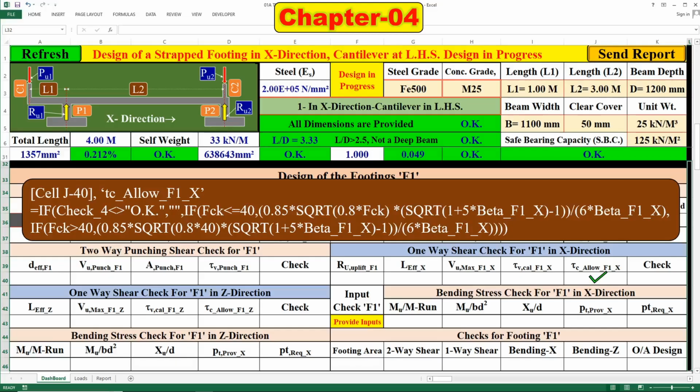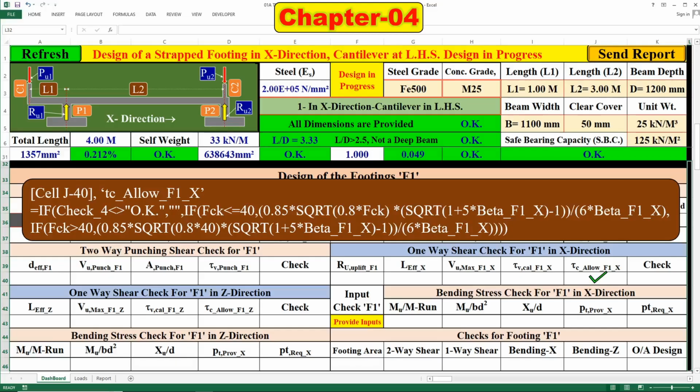If FCK is less than or equal to 40, the value will be 0.85 times the square root of 0.8 times FCK, multiplied by the square root of 1 plus 5 times beta_F1_x minus 1, with the entire numerator divided by 6 times beta_F1_x. If FCK is greater than 40, the formula uses 40 instead of FCK.